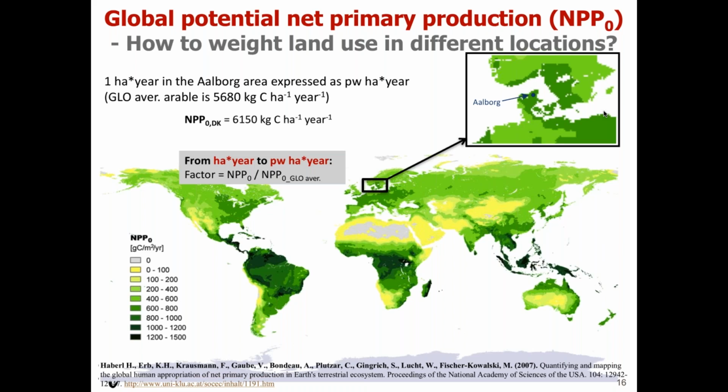We have these figures, you can see them just above the gray box, so we can calculate the factor for Denmark. If I'm using 1 hectare of land in 1 year in Denmark, it corresponds to 1.08 global hectares. It means that the potential yields in Denmark are slightly higher than the global average for arable land.